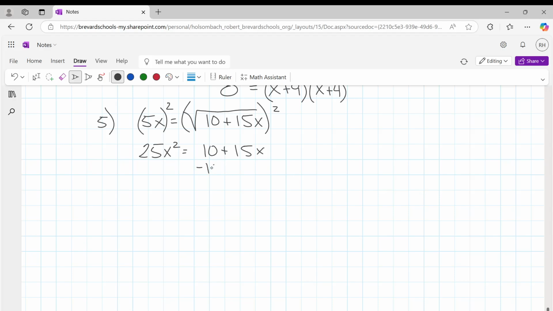So then we can subtract 10 and 15x from each side.